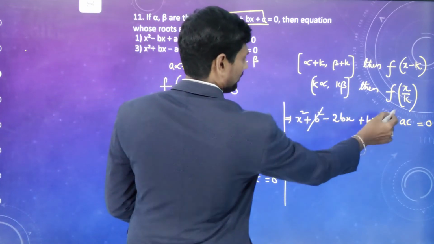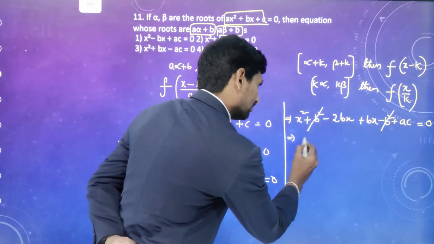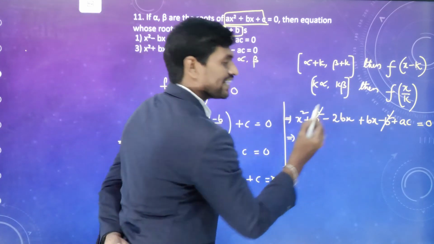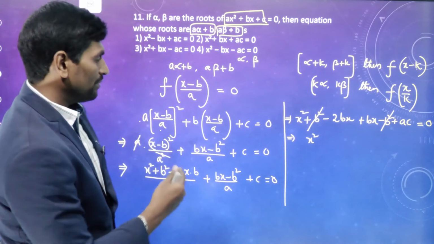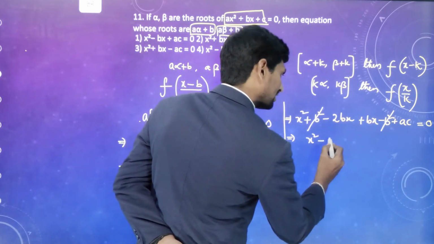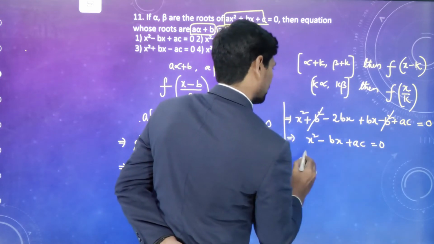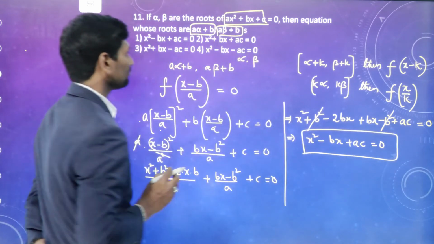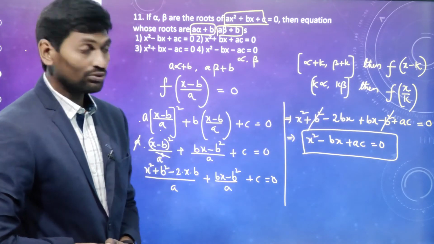Now plus b square minus b square cancelled. X square term, minus 2bx plus bx, both are like terms, both are bx terms. So we can subtract: here 2 times, here 1 time. So minus bx plus ac equals 0. This is our required answer: x square minus bx plus ac equals 0.